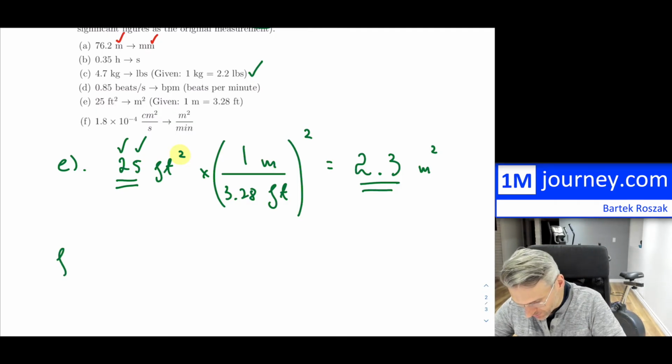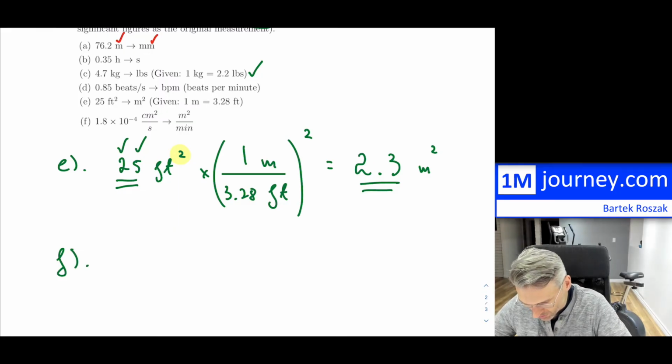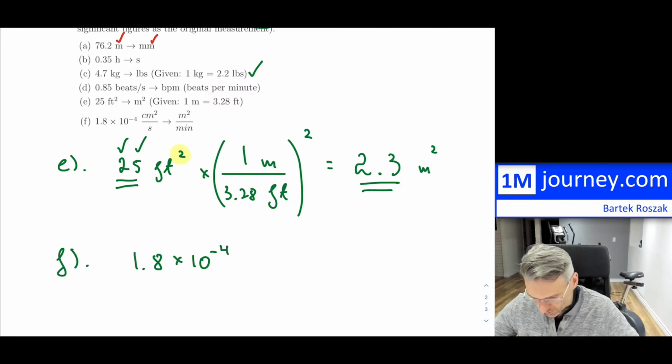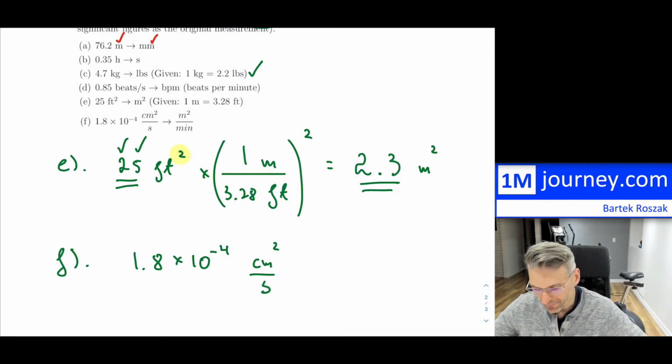Now what about F, which is the last one? Okay, so this one looks complicated. It has scientific notation in it as well. So 1.8 times 10 to the negative 4. So this is centimeters squared per second. We want meters squared per minute. Okay, so first of all, let's get rid of that centimeter.